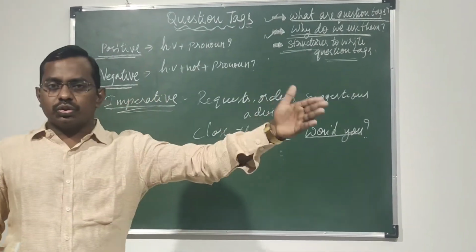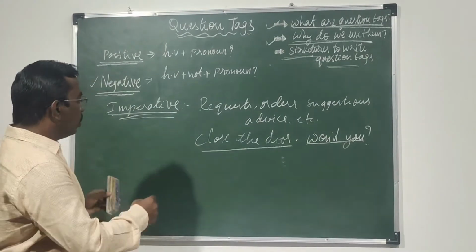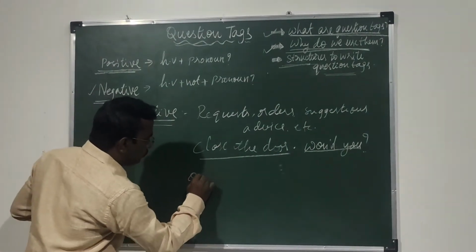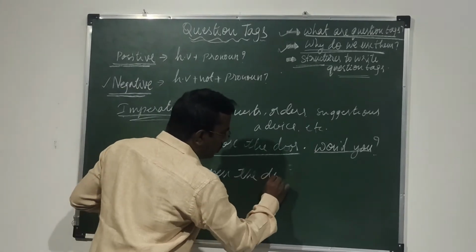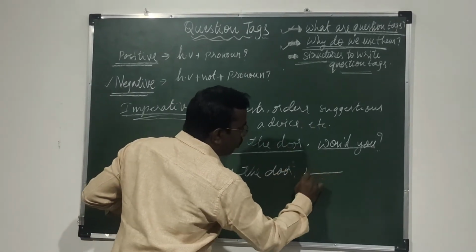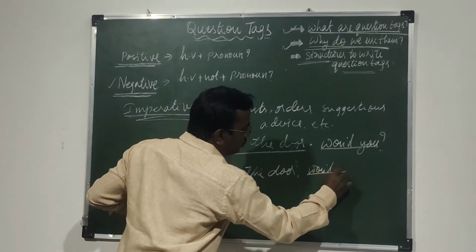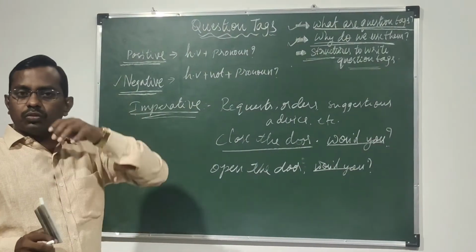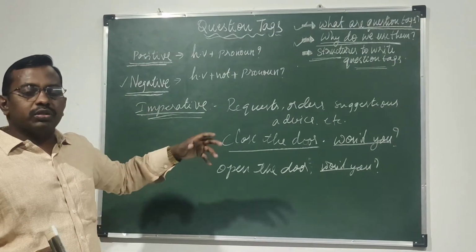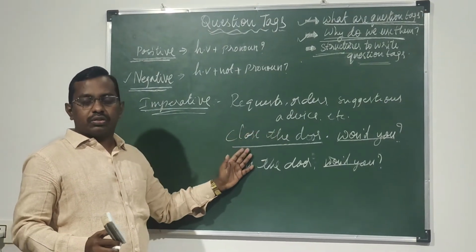Close the door, won't you? Open the door, won't you? This is how we add a tag to an imperative sentence.